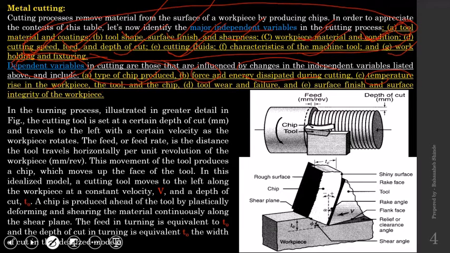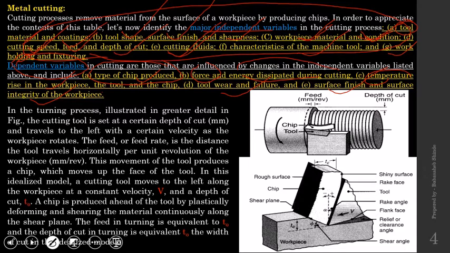Then tool wear and tool failure. The amount of wear rate is also dependent on those independent variables. And then finally, surface finish and surface integrity. Surface finish and surface integrity, in the sense, are what microstructural changes are going to occur in the workpiece material because of the machining process, which decides the surface integrity.